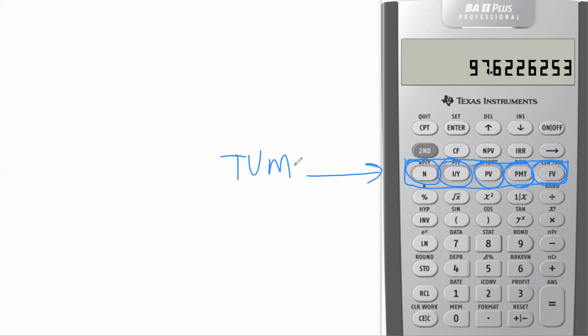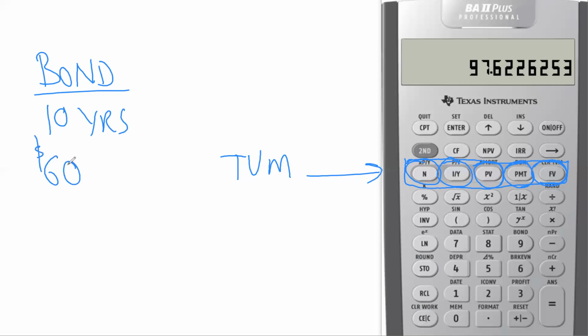So these are our time value of money buttons, TVM. And when I have a problem such as a bond that pays interest, let's say the bond has a maturity of 10 years, and it has a $60 coupon. And the yield on this bond is 8%. And the face value is $1,000.